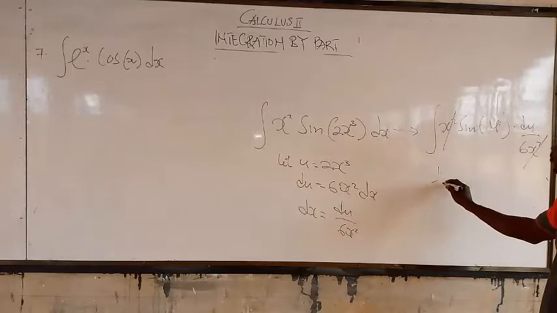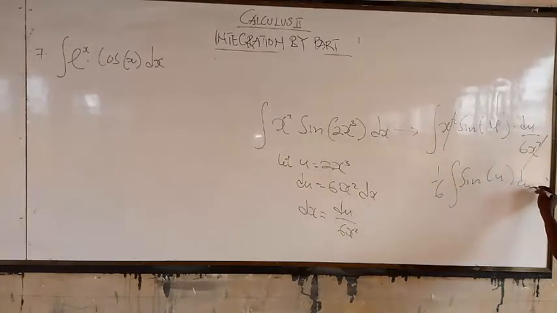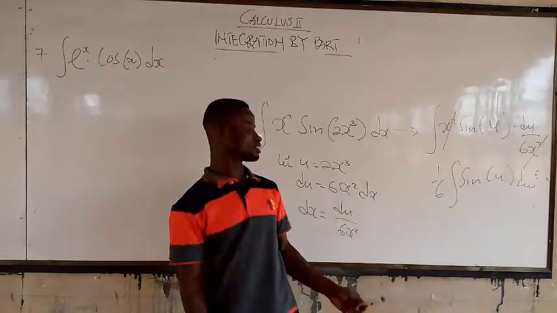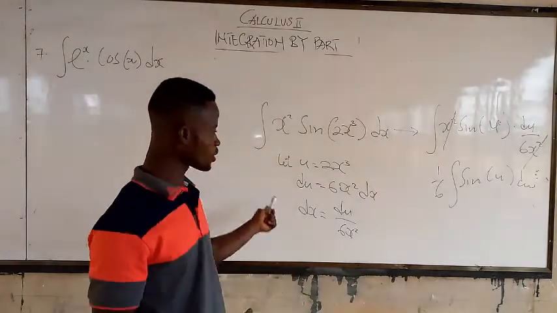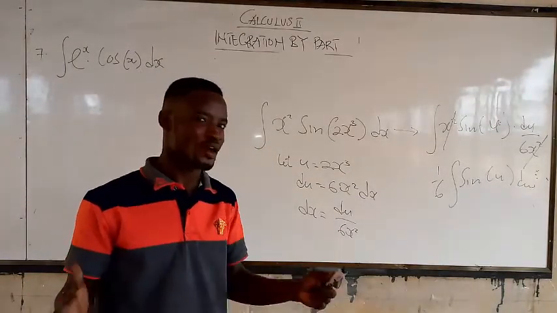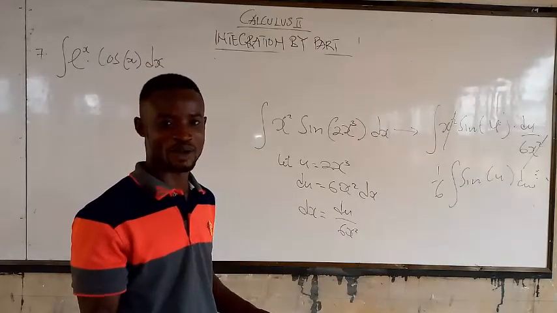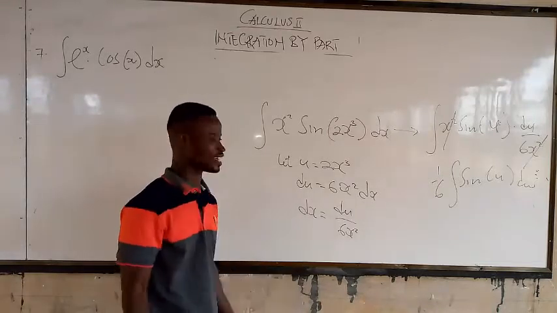So you'll be left with 1 over 6 integral of sine u du. And you can integrate it. So this is just u substitution. Hope you can see that. So you have to test it before you go back to integration by parts. Alright. Hope it's clear.